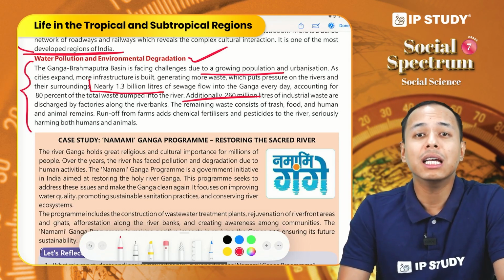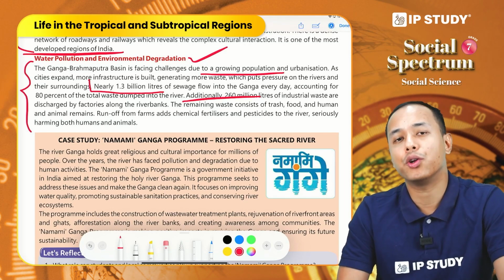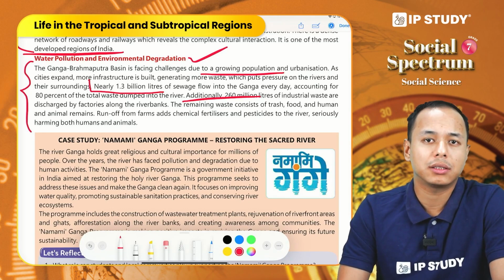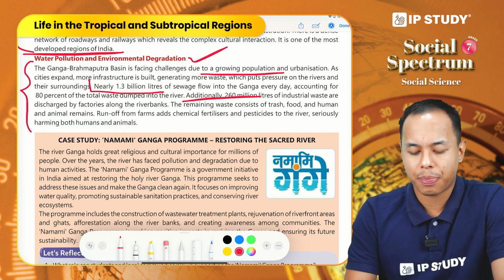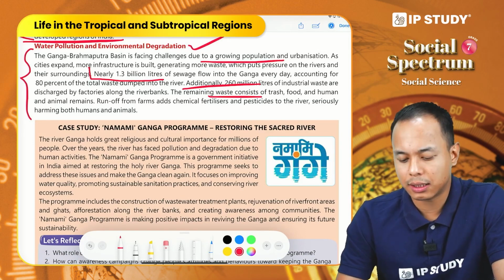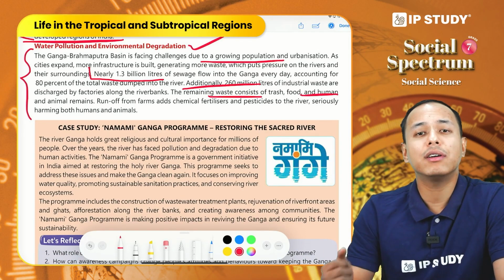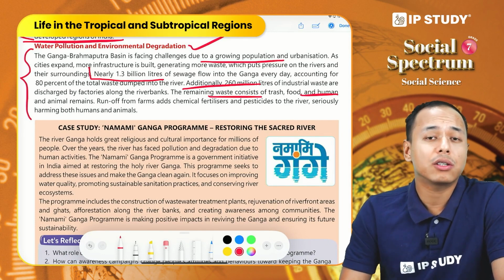So as we can see, the river is highly polluted because of human actions. Okay, not only this, we also find waste, and waste consists of different things like trash, leftover foods, human waste and even the carcasses or remains of animals.